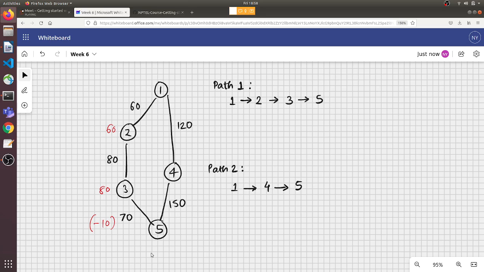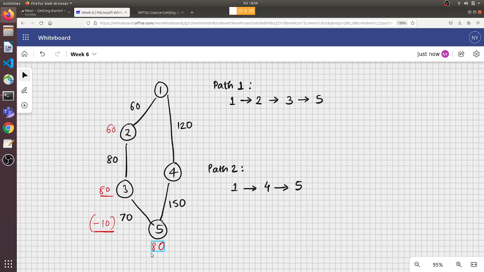So, is it clear why the answer is 80 and not 90? Because this fare is negative and therefore we do not add this. The cost of this edge becomes 0, and this is the cost of fare.